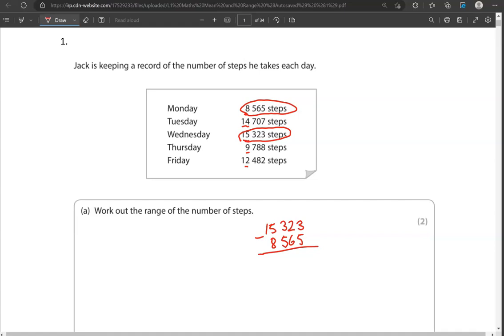to borrow 1 from the 2. So this becomes 13. 13, take away 5, gives us 8. Now we're taking away 6 from the 1, which also means we've got to borrow 1 from the 3. So 3 becomes 2, and this becomes 11. 11, take away 6, gives us 5.